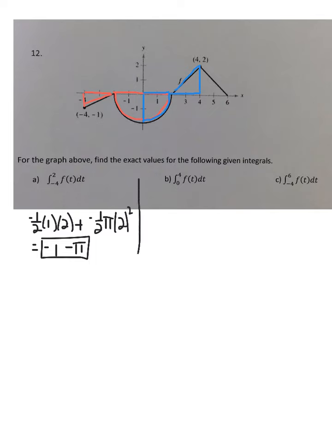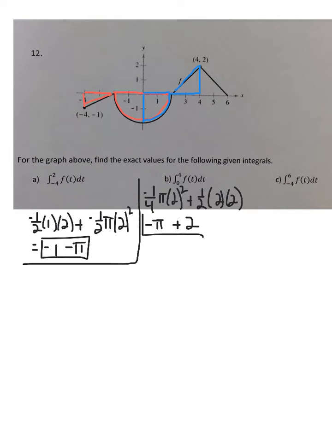So I'm going to negate that 1/4 pi, and then the radius is 2. And then the area of that triangle, that's above the x-axis, so I'm good to go there. 1/2, 2 times 2. I will get -pi with regards to the half circle. That's pi. And here I'm going to get +2. And that's the answer to that.